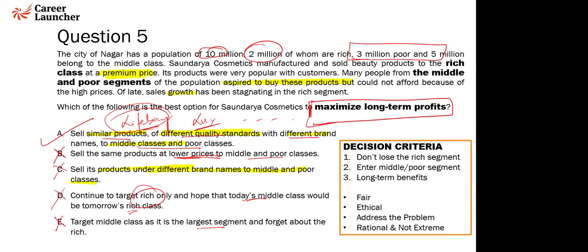Based on the criteria, you will be able to maximize your long-term profit if you expand your market from 2 million to 10 million. You have to reach out to the entire population. Here, I should not lose the rich segment, and I should get the middle and the poor segments on my side also.